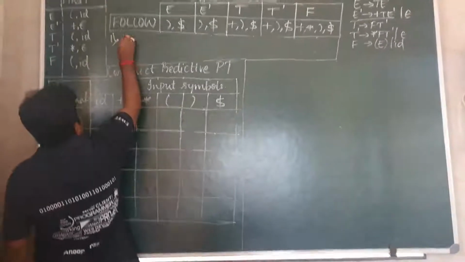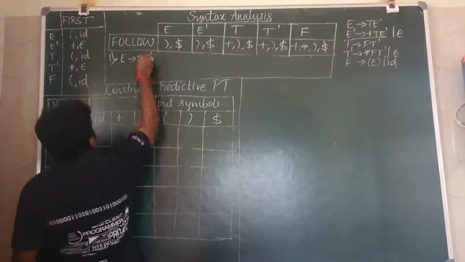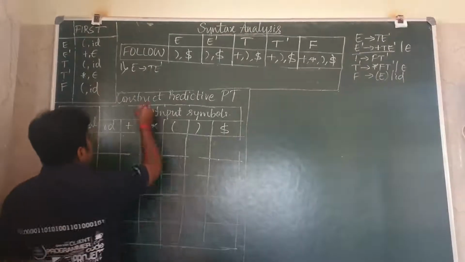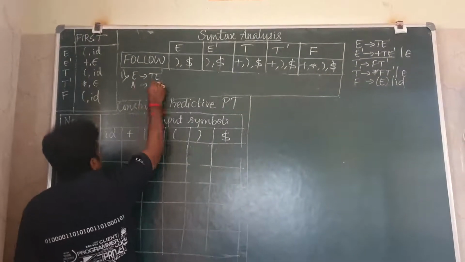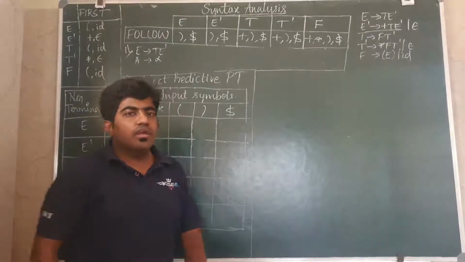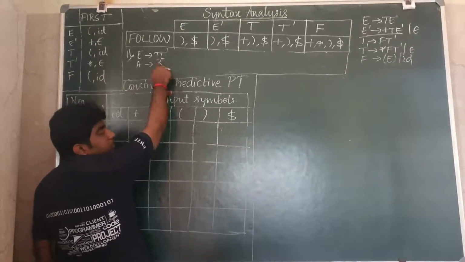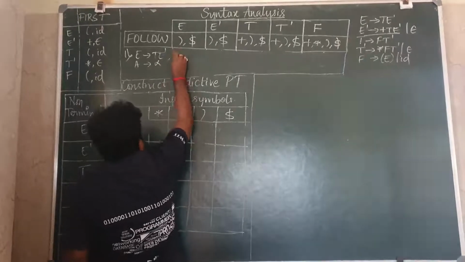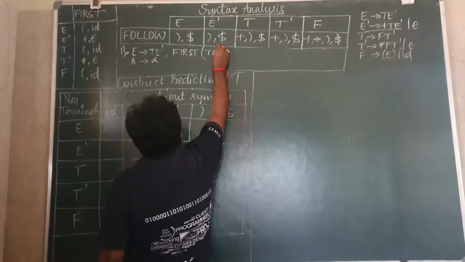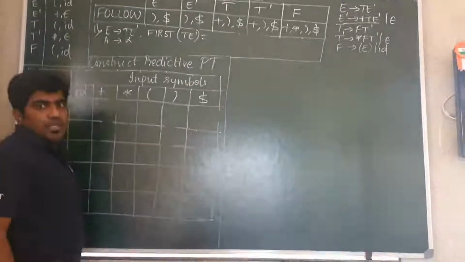First production we consider: E tends to TE dash. Now compare each production with the generalized production A tends to alpha, and see the value of alpha. Is alpha equal to epsilon? No, alpha is not equal to epsilon. So if alpha is not equal to epsilon, then we have to calculate first of alpha.